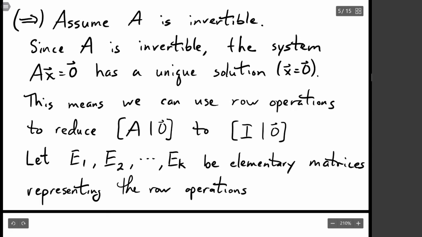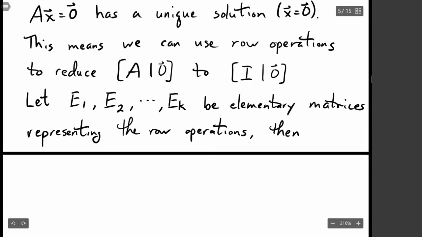What that means is, we started with A, we do that first row operation, we do that second one, all the way up until we do the last one. And we get the identity by doing that.